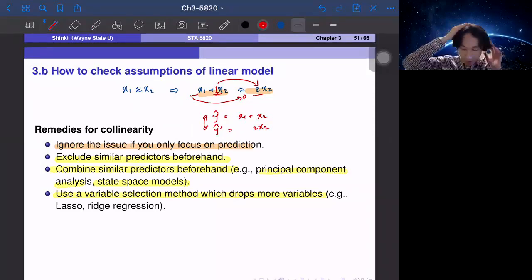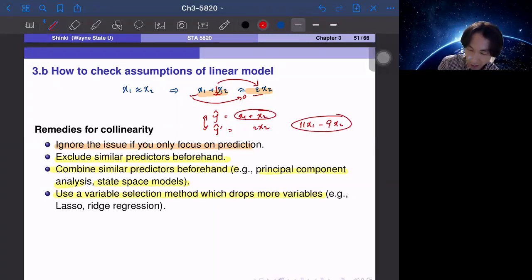Of course, sometimes we have trouble. For example, suppose x1 and x2 have measurement error. Then the larger coefficient is problematic. Maybe 2 times x2 is still fine, but think about maybe 11 times x1 minus 9 times x2. Still, predicted values are similar between these two models.